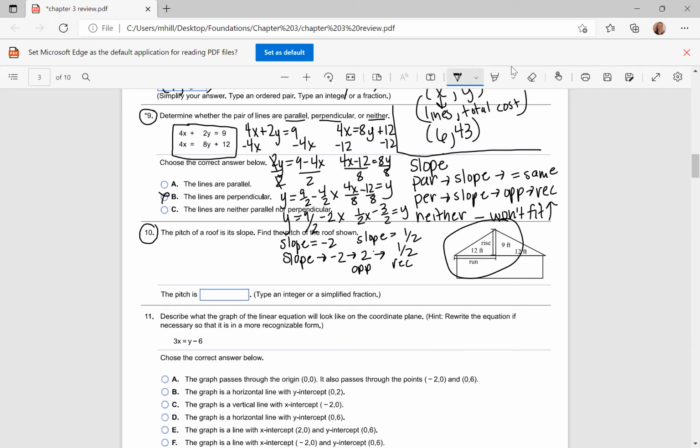So that you can see that the run is 12 and then the rise is 9, because to find the slope, you want to do rise over run. In this case, the rise is 9 feet. The run is 12 feet. So when you reduce that, you're going to get 3/4. And that's what you're going to want to put here, 3/4. It's the rise over the run.